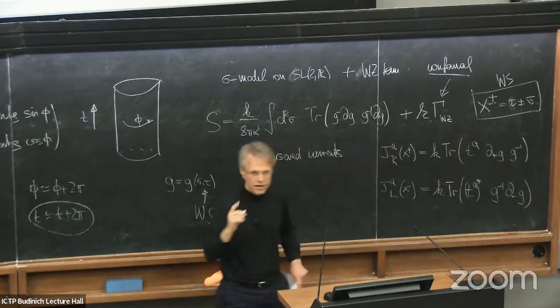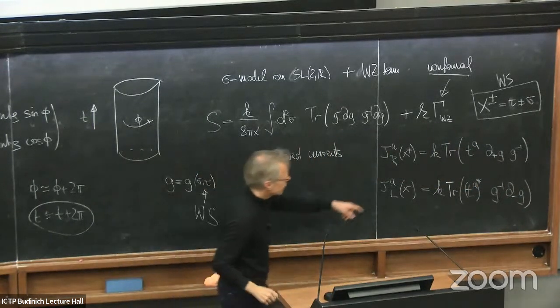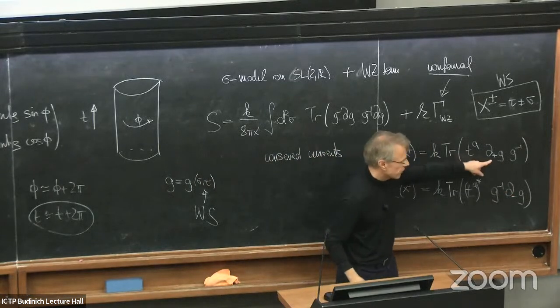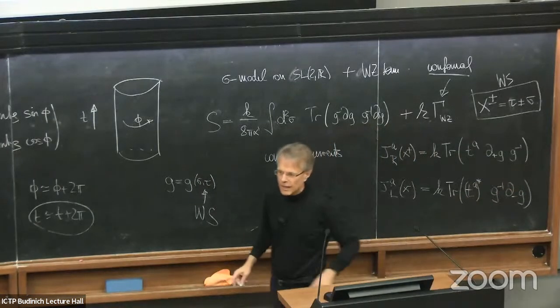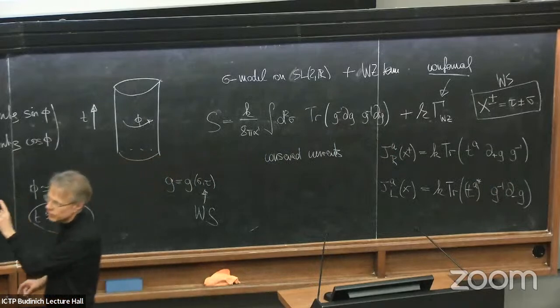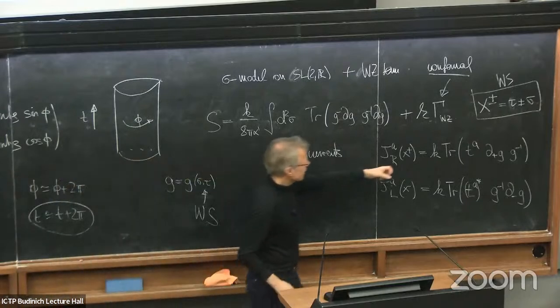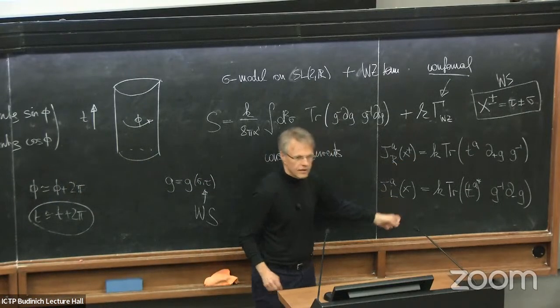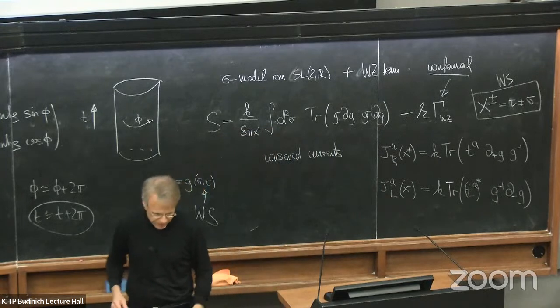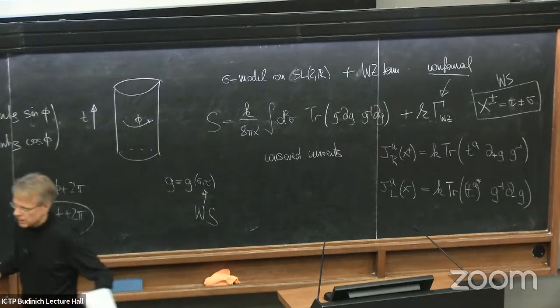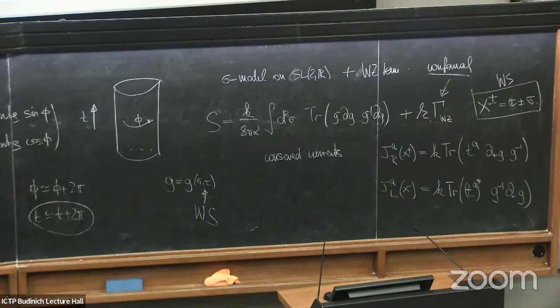I mean, there's a subtle point here. You see, these look deceptively similar, but because this is a non-abelian group, it matters whether you consider dg g^{-1} or whether you consider g^{-1} dg. And once you've added the Wess-Zumino term, this is purely a function of x plus, and this is purely a function of x minus. That's what adding this Wess-Zumino term gives you.